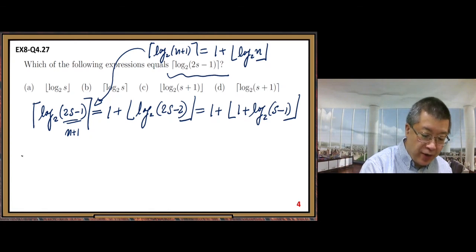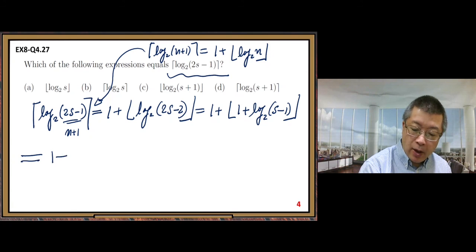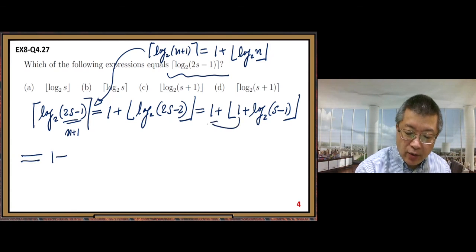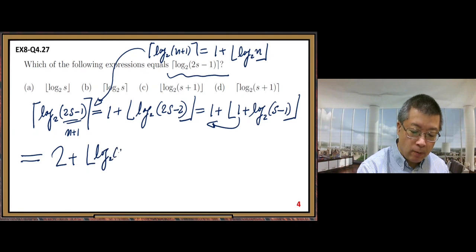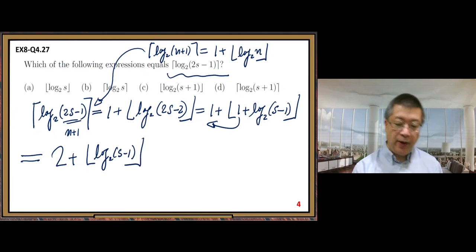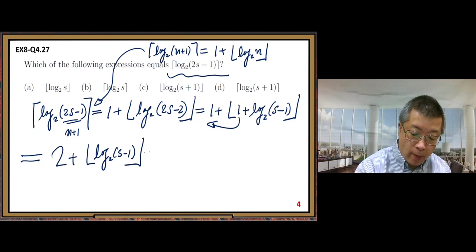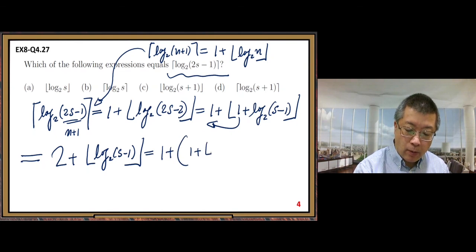So then, because this one we can pull it out, we get 2 plus minus 1. But we want to go back to the ceiling function.